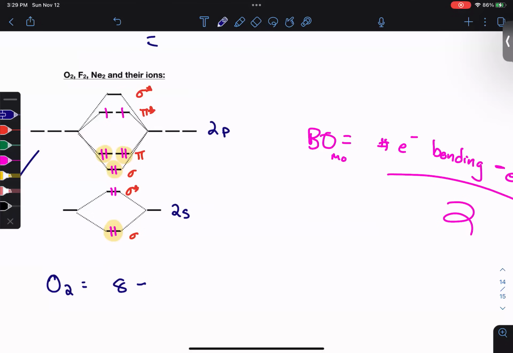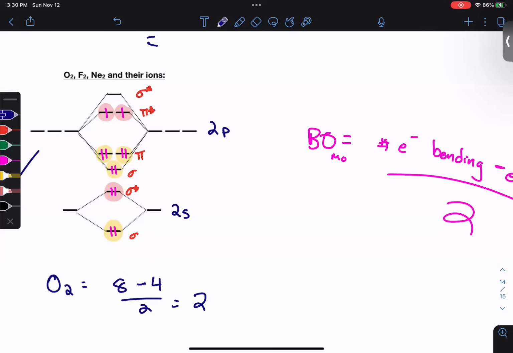How many electrons are in anti-bonding orbitals? 1, 2, 3, 4. So 8 minus 4 over 2 equals 2. Does the MO diagram agree with the Lewis structure in terms of bond order? Yes. The Lewis structure has a double bond, and MO theory says it also has a double bond. That's how advanced theory should be: it should always agree with all the other supporting theories.